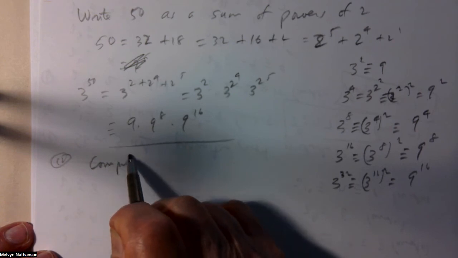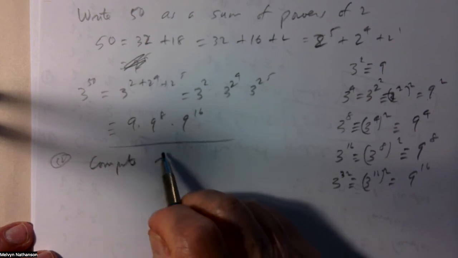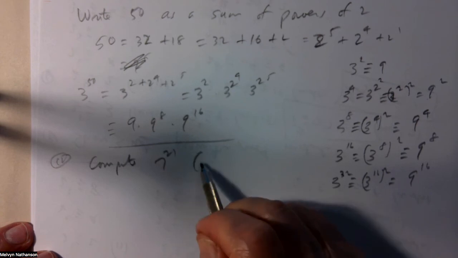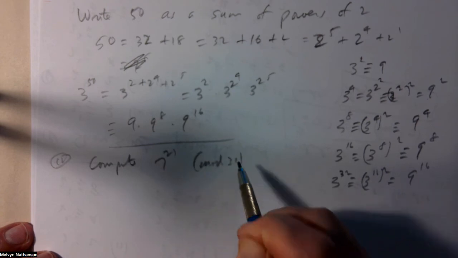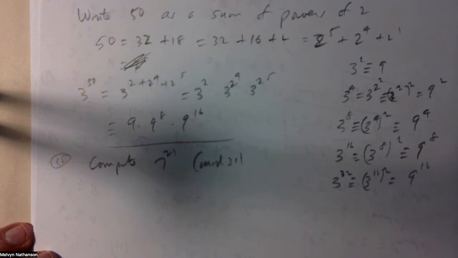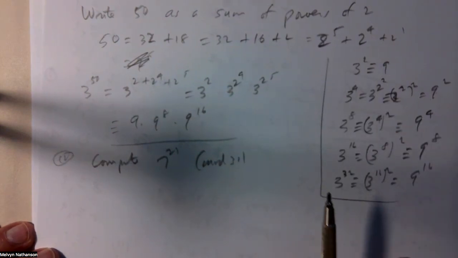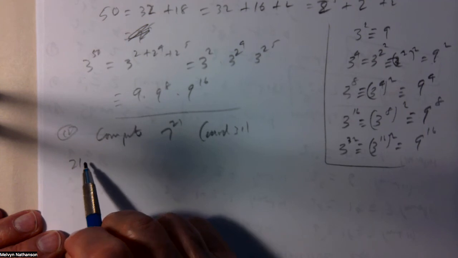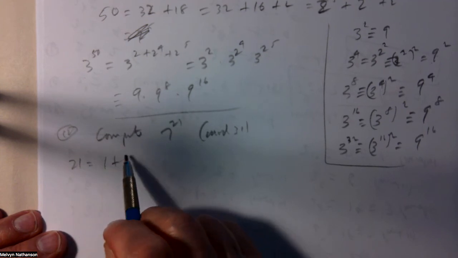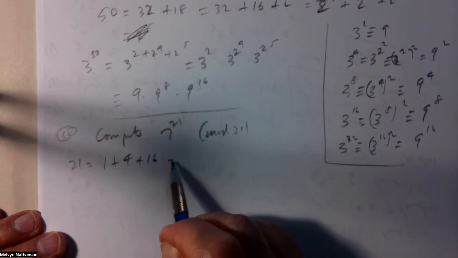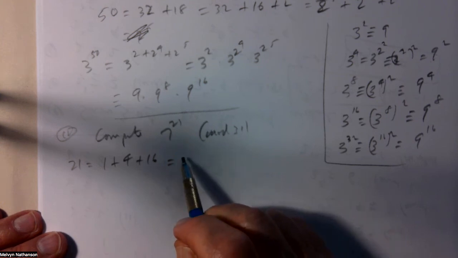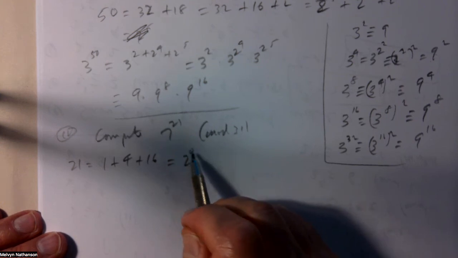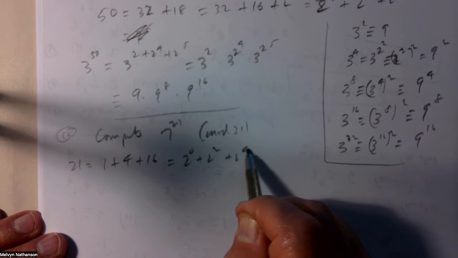We want to compute 7 to the 21st power mod 31. So again, we start by writing 21 as a sum of powers of 2. 21 is 1 plus 4 plus 16. That's 2 to the 0 plus 2 squared plus 2 to the 4th.